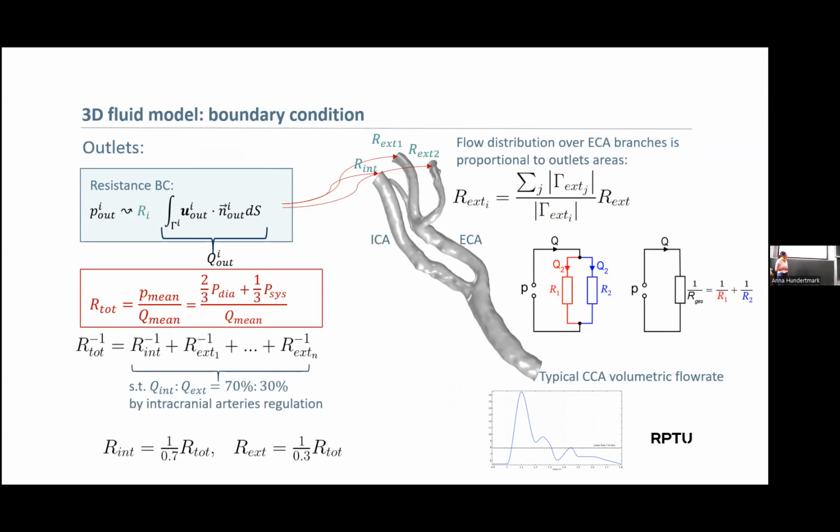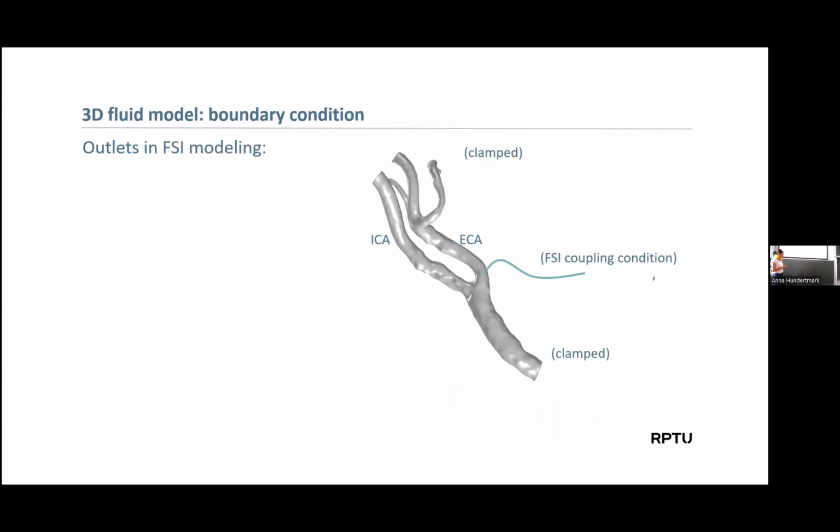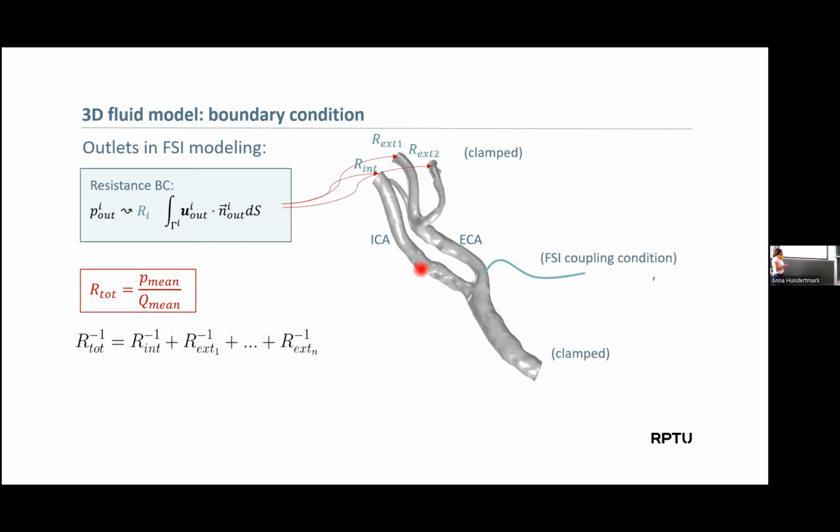Okay, and that's all for the resistance boundary condition in the case that the vessel is rigid, so that you do not have fluid structure interaction. But if you have fluid structure interaction, what I didn't say is that we have some outflow here, but the outflow surfaces are closed, so they are not moving. So we do the same.